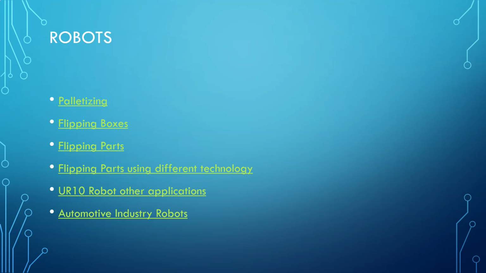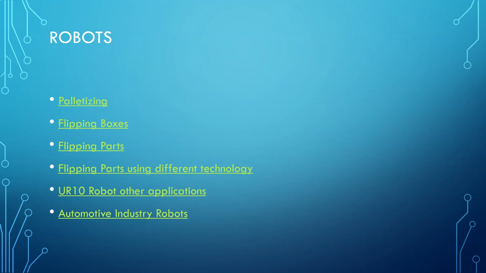I added for you a few videos that will show you different functions that use robotics or robotic arms to do a process, between palletizing, flipping boxes, and flipping parts using different technology. We have also universal robotic arms, UR10.